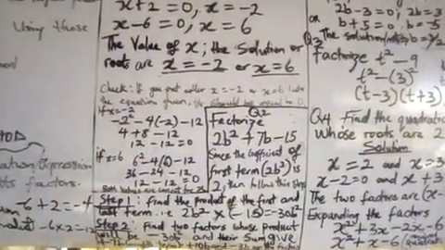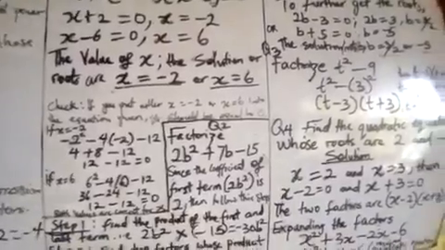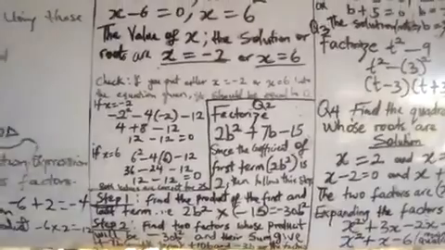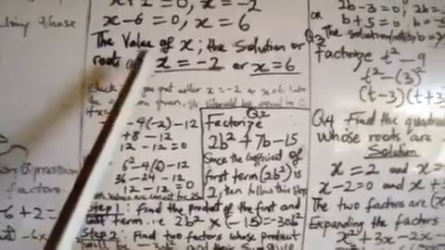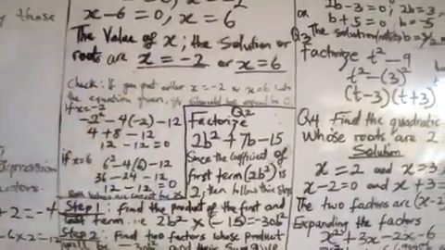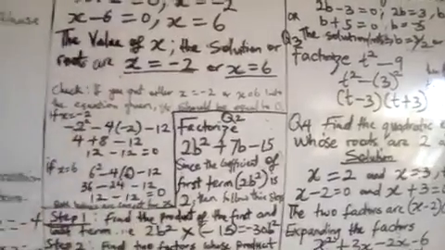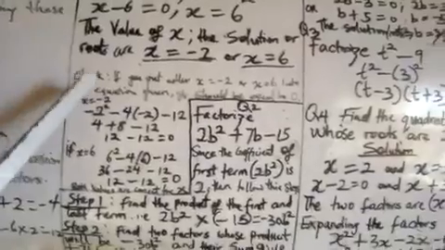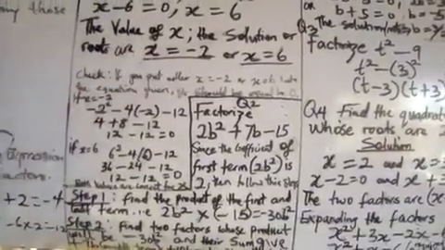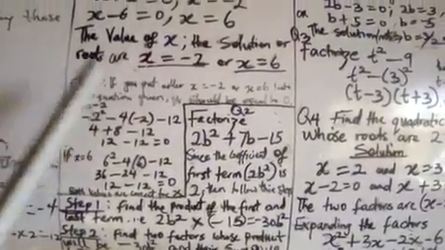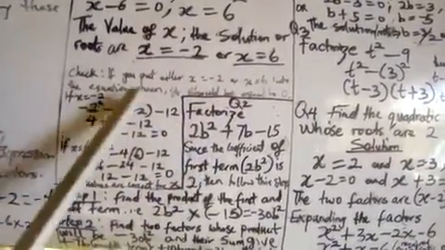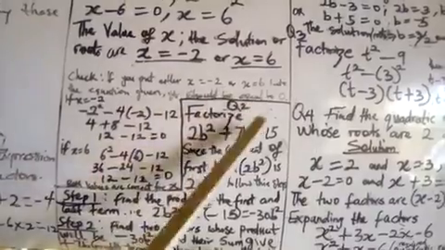So for you to check if your answer is actually correct, you put the two values we've gotten for x back into the equation. To check if you have gotten the two roots correctly, put either x is equal to minus 2 or x is equal to 6 into the equation given. It should be equal to 0.